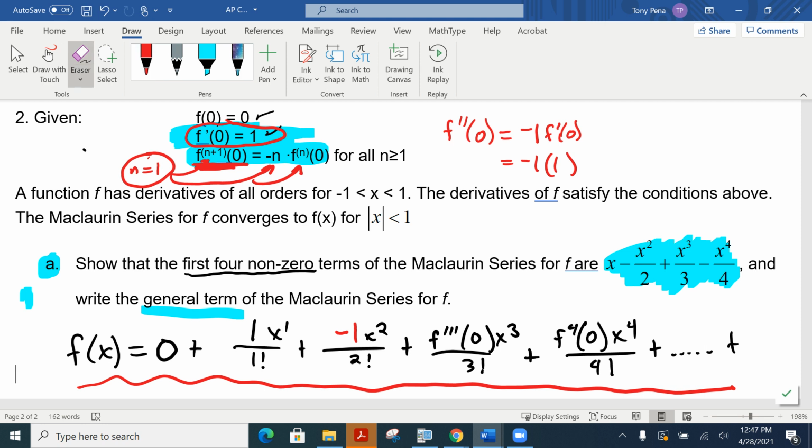Okay. And if you understand that, then hopefully we kind of understand how we're going to get the rest of these. So in the next one, if I want my third derivative, which we do, then this right here needs to be f triple prime. So n needs to be a 2, so that I get f to the 3. So then this n has to be a 2.